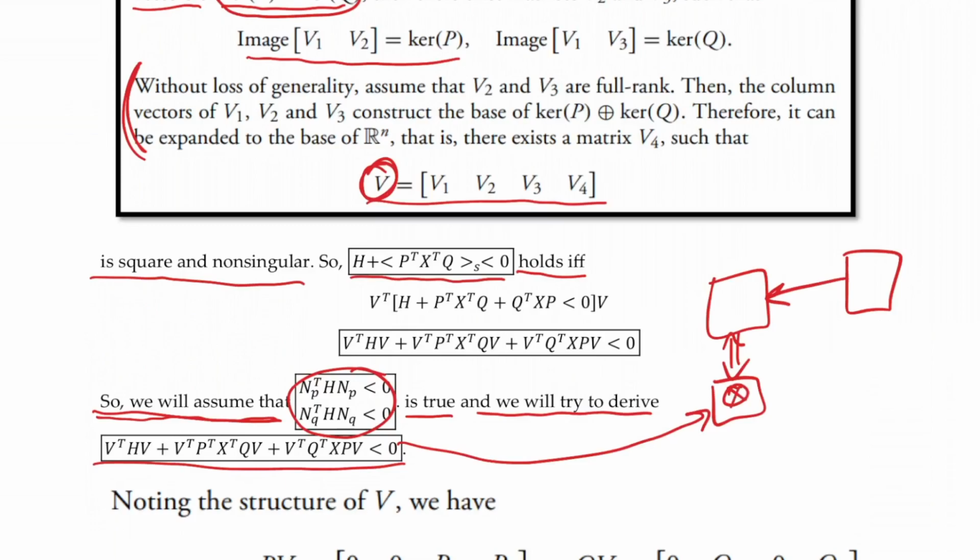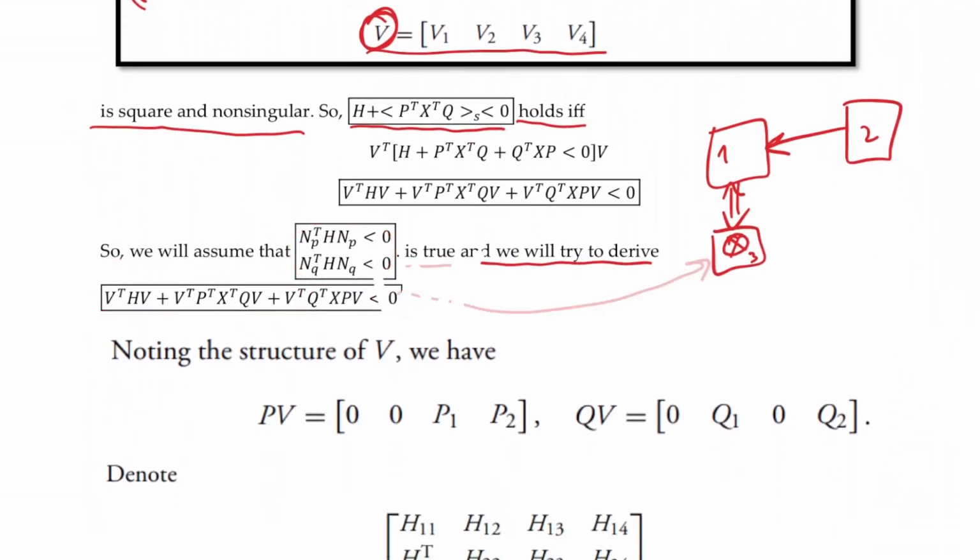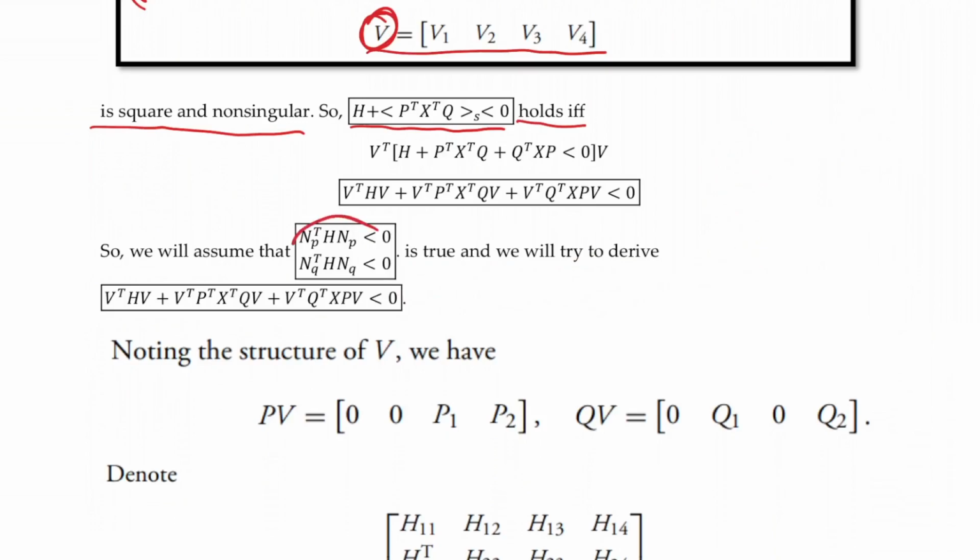And what we are trying to do is that, let's say this is 1 and this is 3 and this is 2. We are trying to prove 2 implies 3. Basically, that is the general idea. So by using this, we are going to try to reconstruct this condition.